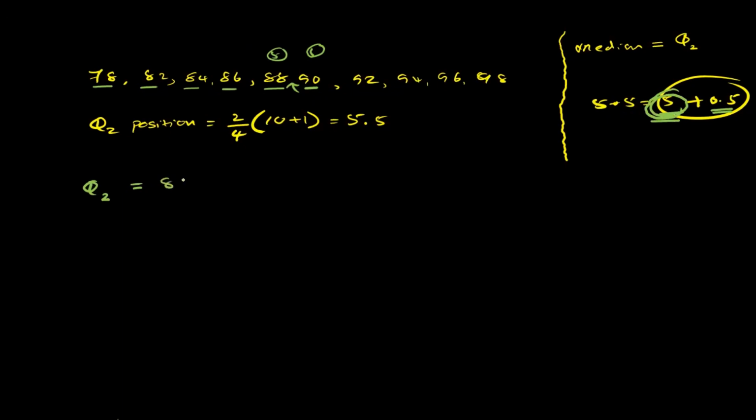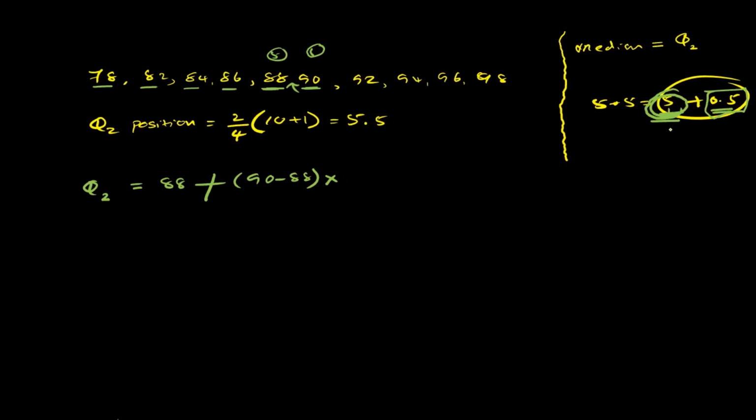Take the value in that position plus the gap between those two given numbers, 90 minus 88, the 6th position and the 5th position number, multiplied by the distance you should go, which is 0.5. You already traveled 5 numbers distance, right? Which means you have this number here.